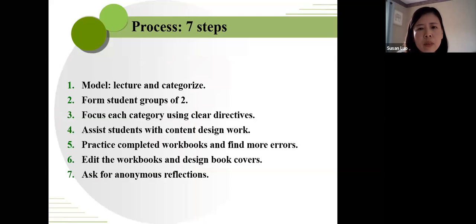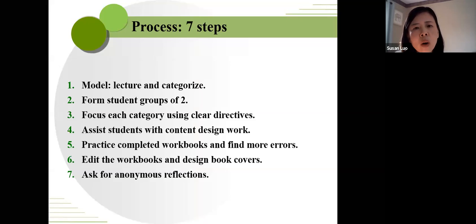Several easy steps. So number one, you lecture and you categorize. As a grammar teacher, you still clear up some confusions about grammar points for the students. And for this kind of activity, you usually just ask students to work in groups of two.